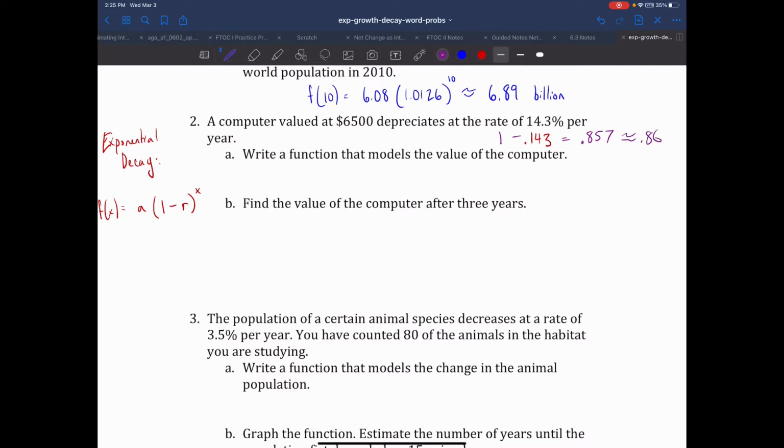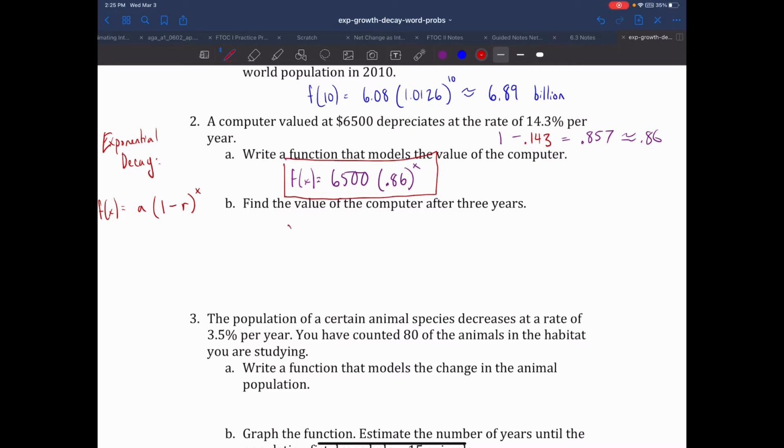And find a function that models the value of the computer. Well, we have the growth factor, so we have f of x equals the initial value of 6,500 times 0.86 raised to the x. So it says find the value of the computer after 3 years.